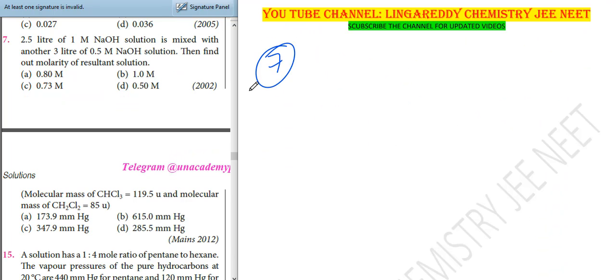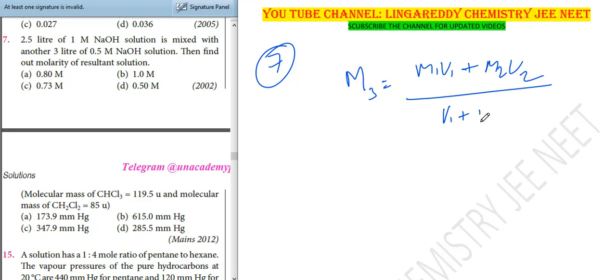Question 7. 2.5 liters of 1 M NaOH solution is mixed with another 3 liters of 0.5 M NaOH solution. Then find the molarity of the solution. Just a mixture. When mixtures are there, M3 equals (M1 V1 plus M2 V2) by (V1 plus V2). Here both are NaOH. Suppose one is NaOH and one is calcium hydroxide, then you have to take normality.